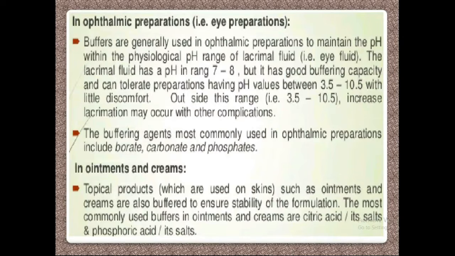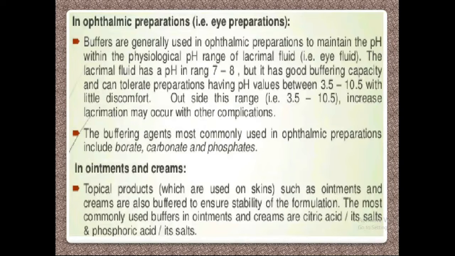The lacrimal fluid has a pH in the range of 7 to 8, that is near blood pH, but it has good buffering capacity and can tolerate preparations having pH values between 3.5 and 10.5 with little discomfort.